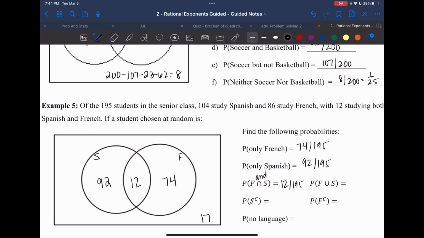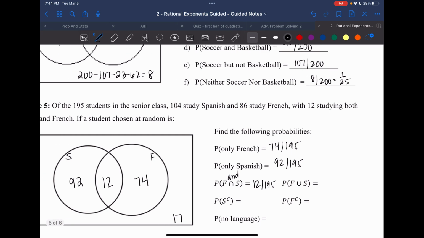French or Spanish, so that's going to be everyone in the two circles. So that would be the 92 plus 12 plus 74 out of 195, which is 178 out of 195.